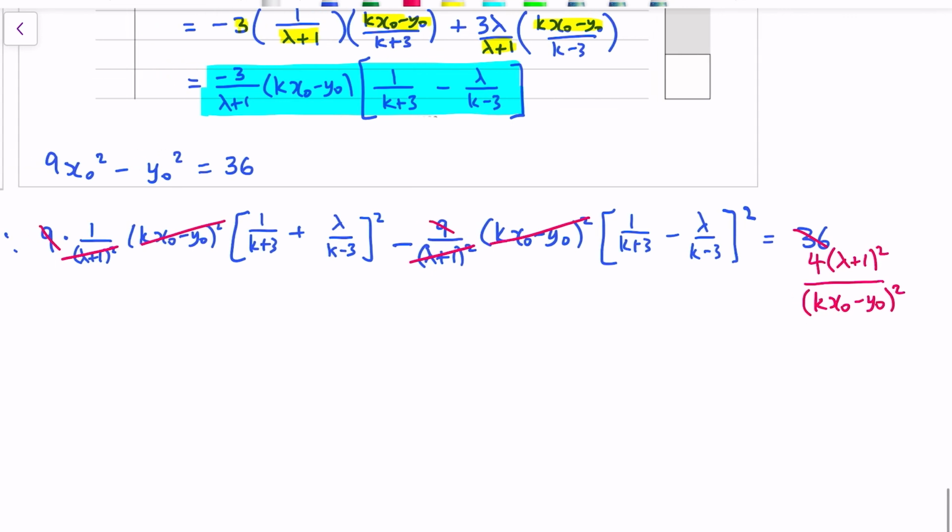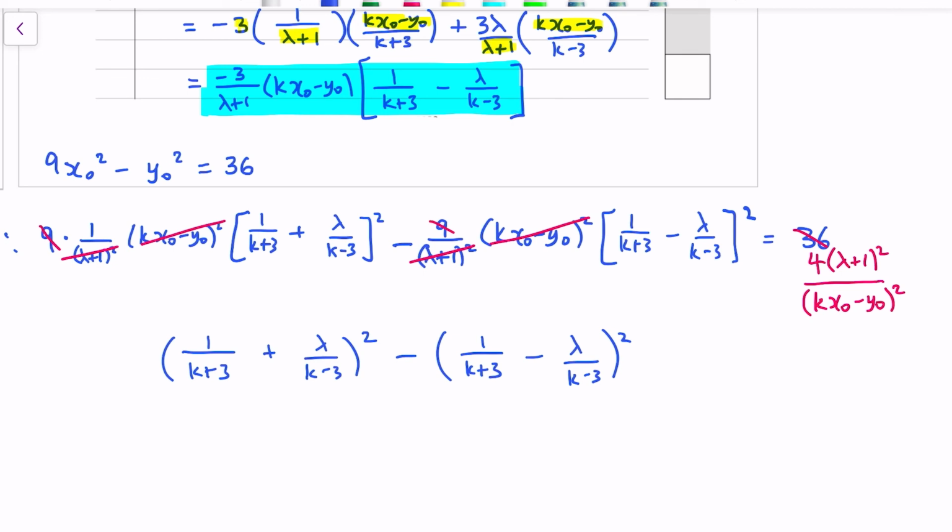Our equation simplifies quite a lot. We've got 1 over k plus 3 plus lambda over k minus 3 all squared, take away 1 over k plus 3 minus lambda over k minus 3 all squared, equals this. Expanding that left hand side, lots of things cancel because you get 1 over k plus 3 all squared for the first bracket, take away for the second, so they're gone. You get lambda over k minus 3 all squared, take away lambda over k minus 3 all squared.